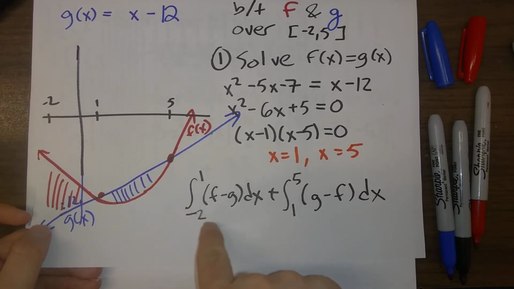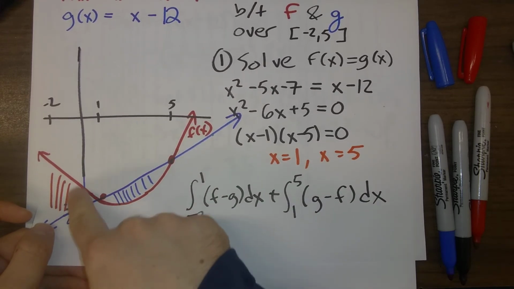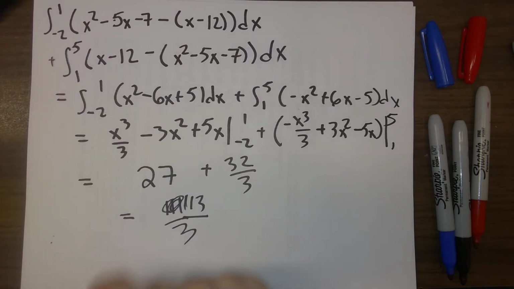If we did the integral of g minus f and got minus 27, that negative answer would suggest to us that we've done something wrong. We should go back and check because we want our areas to be positive. So that's one thing to look out for.